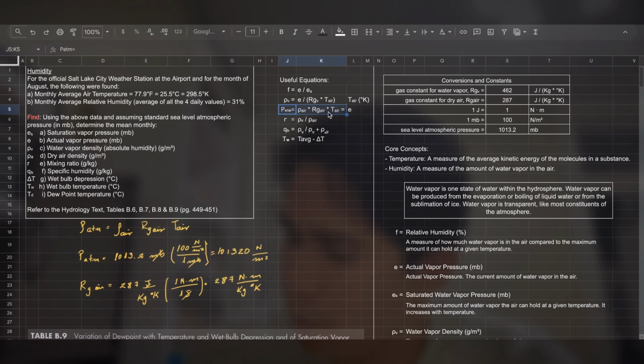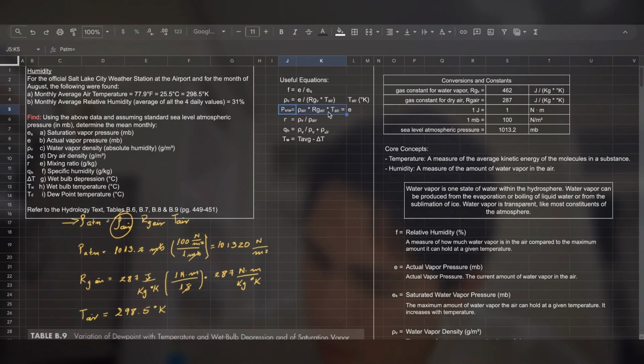And this is so we have newtons in all our terms so that we can cancel it, right? And then we know that the temperature of the air in Kelvin is 298.5 degrees Kelvin.